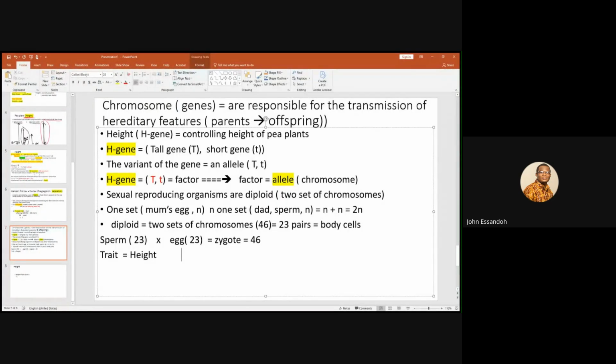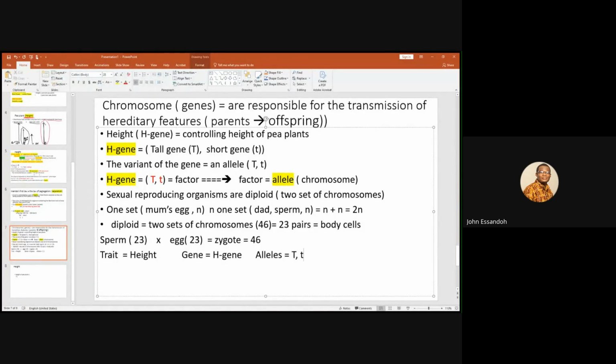The gene located on the chromosome, we are calling it the H gene. And for this H gene, the alleles are the tall allele and the short allele.